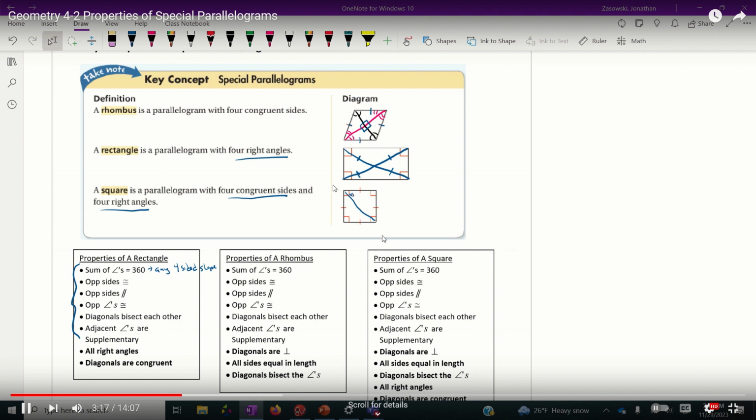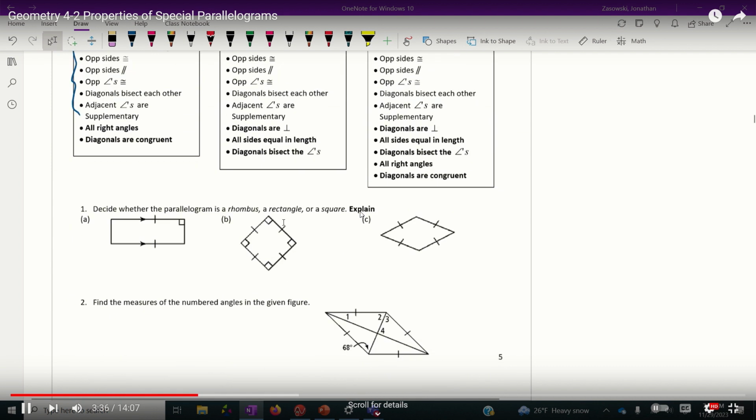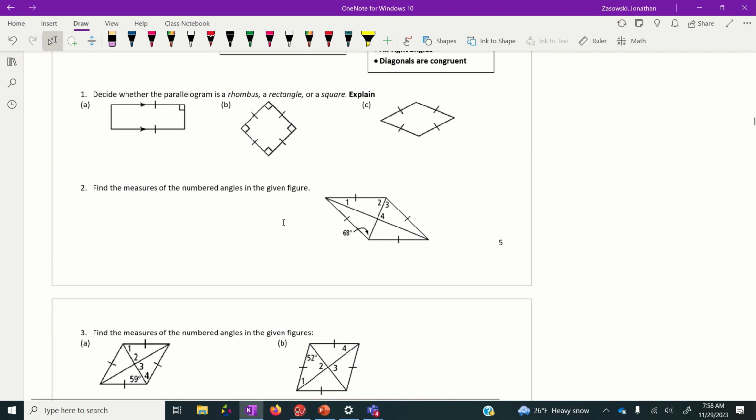So when we draw the diagonals in, they're going to bisect these angles, which makes each angle 45. And because the diagonals are equal in a rectangle, and perpendicular and bisecting in a rhombus, we are going to get all four parts equal. We're going to get 90-degree angles, and that'll be our square.